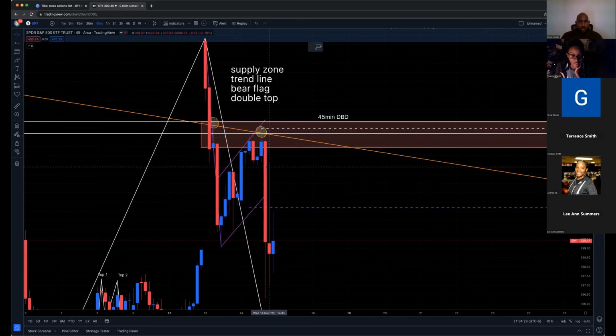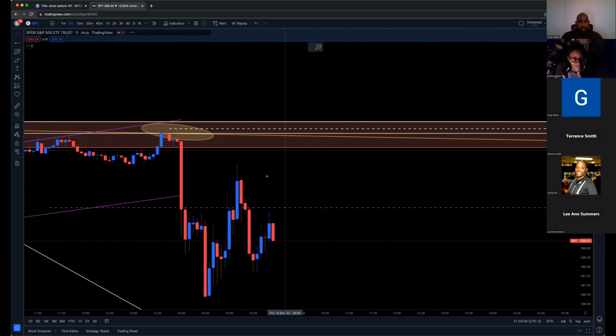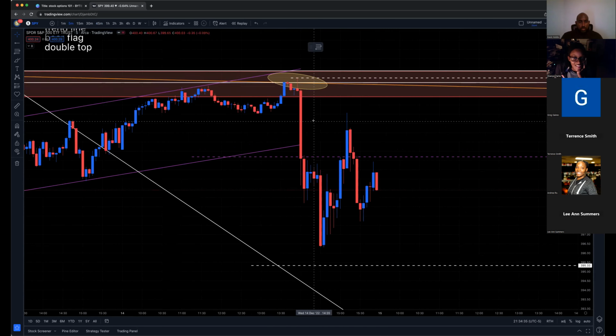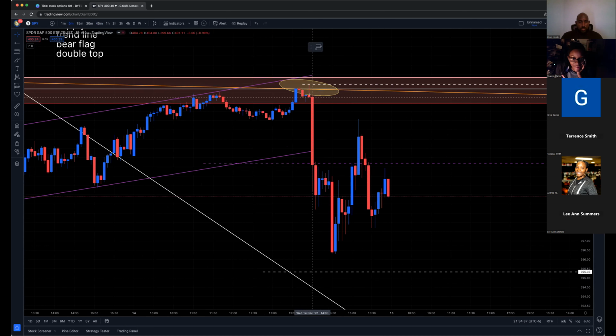It was so disgusting. But 2 o'clock hits, as you can see, I'm going to go to a 5-minute chart so we can get a better picture of this. 2 o'clock right here, price falls. It got rejected as soon as it hit the trend line in this 421 line. So that alone was great.